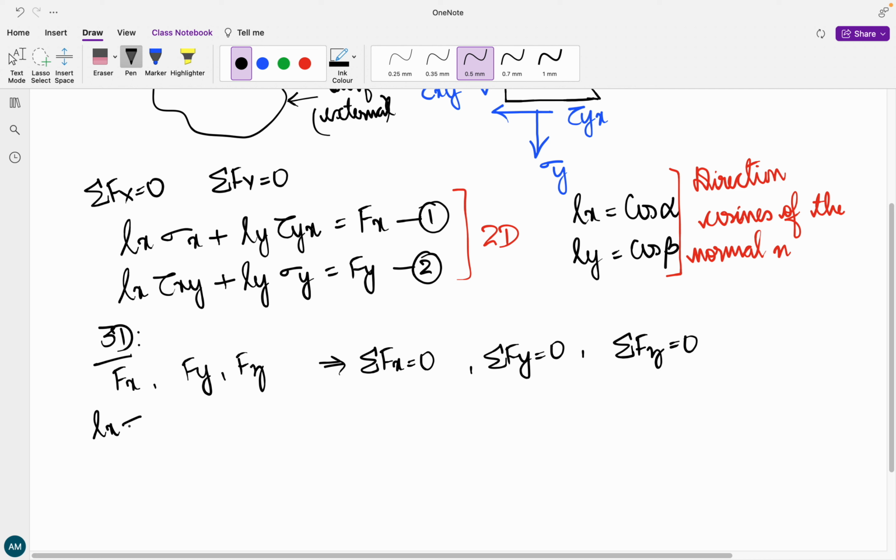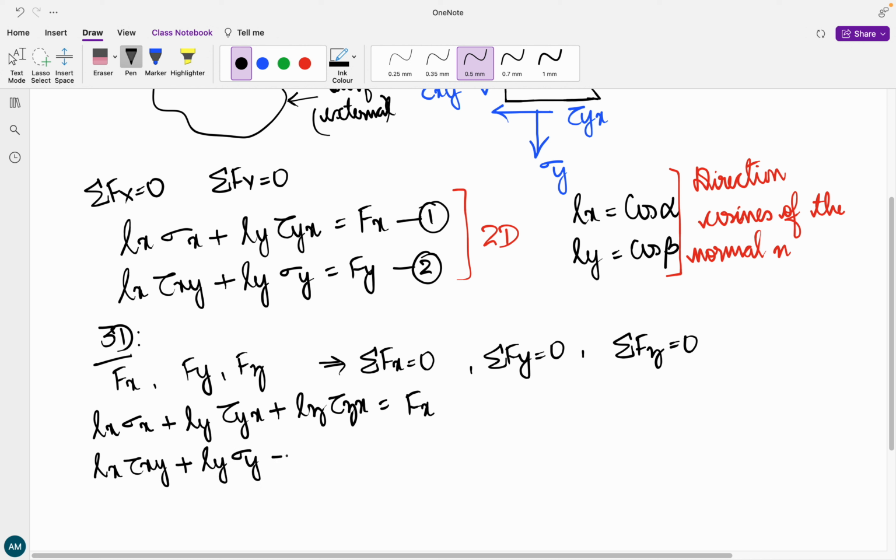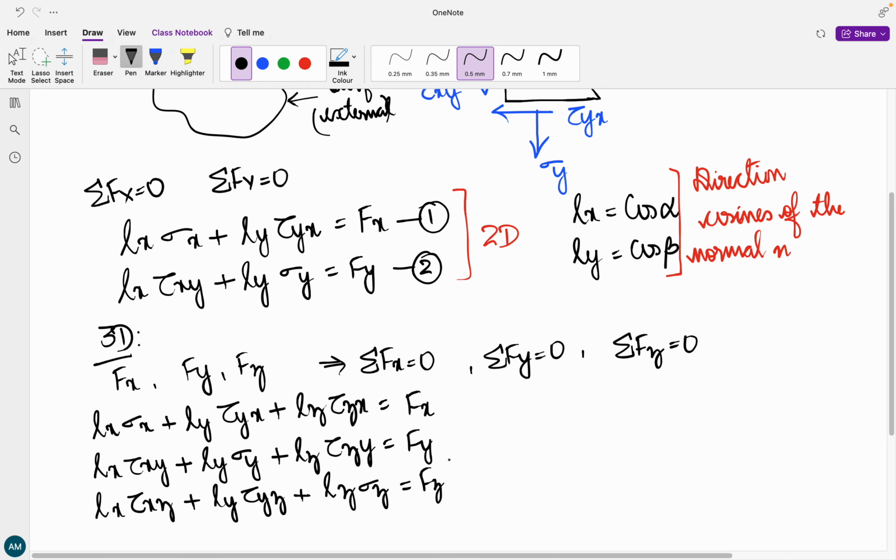Hence, I can write Lx sigma x plus Ly tau yx plus Lz tau zx is equal to fx. And then Lx tau xy plus Ly sigma y plus Lz tau zy is equal to fy. Last, Lx tau xz plus Ly tau yz plus Lz sigma z is equal to fz.